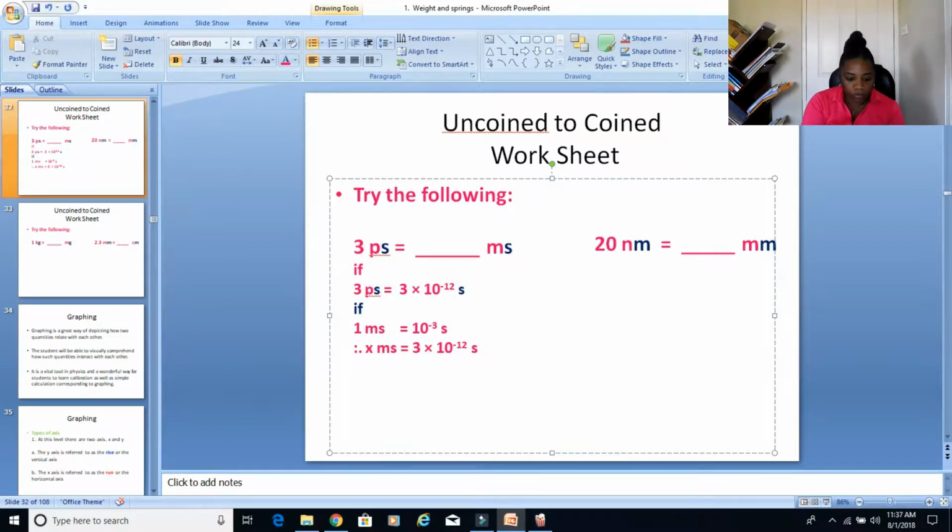Okay, remember I told you this is like saying 1 over x is equal to 10 to the negative 3 over 3 times 10 to the negative 12. Close bracket. Great.